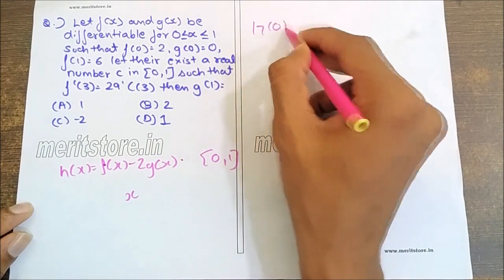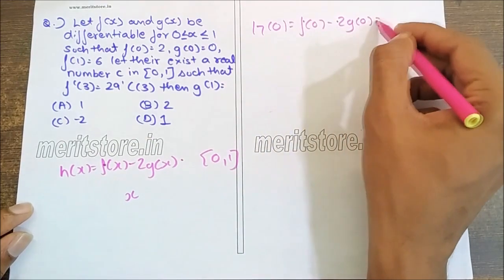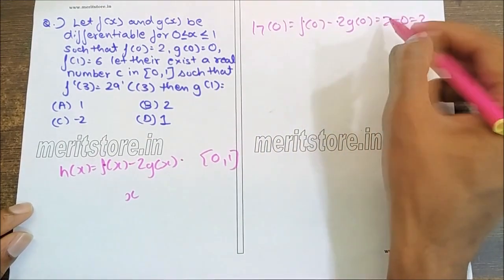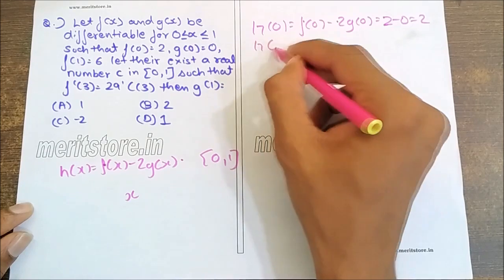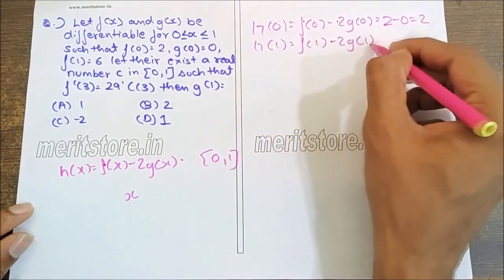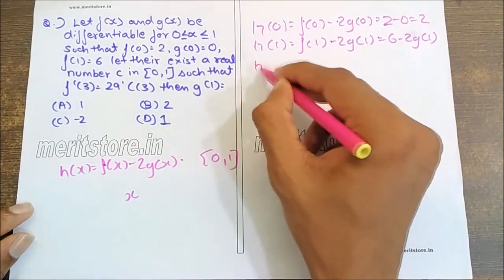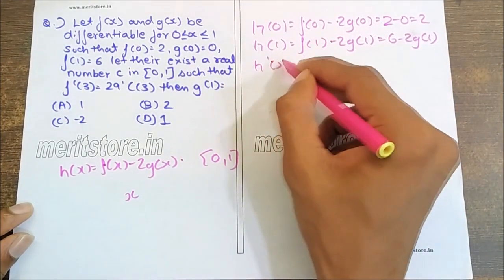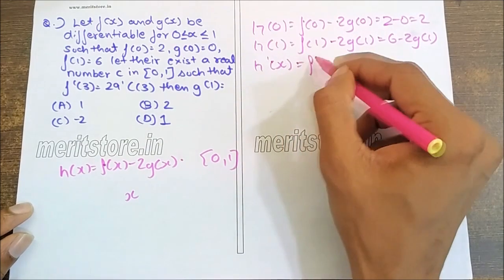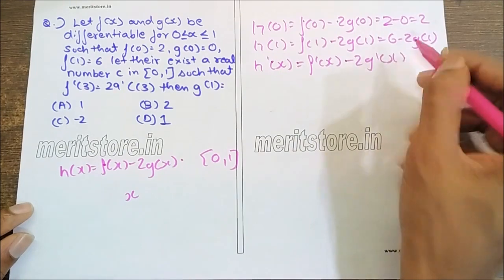Therefore h of 0 is equal to f of 0 minus 2g of 0 equal to 2 minus 0 equal to 2, and h of 1 equal to f of 1 minus 2g of 1 equal to 6 minus 2g of 1. Therefore differentiating, we get h dash of x equal to f dash of x minus 2g dash of x.